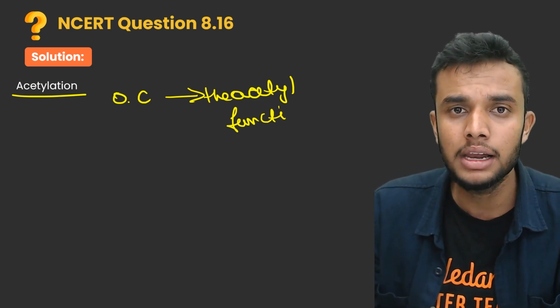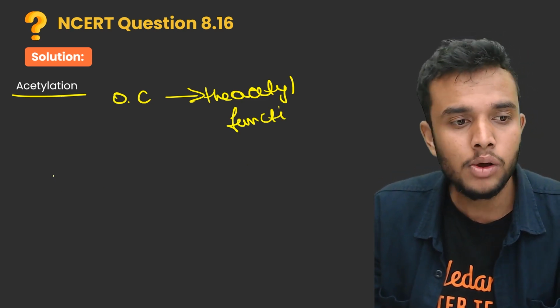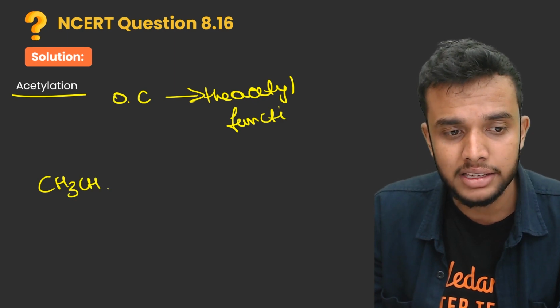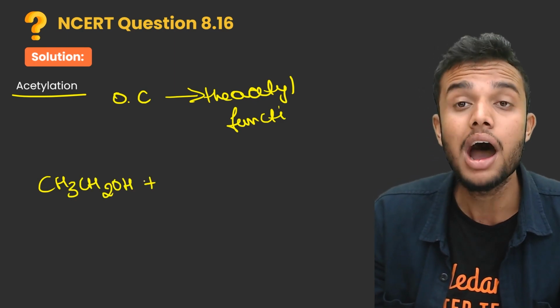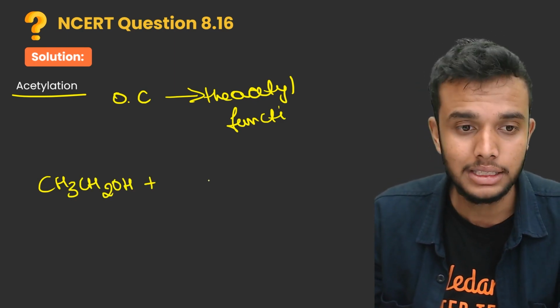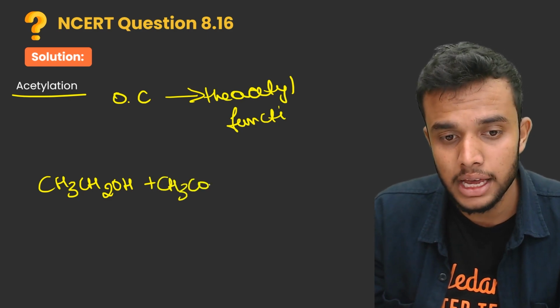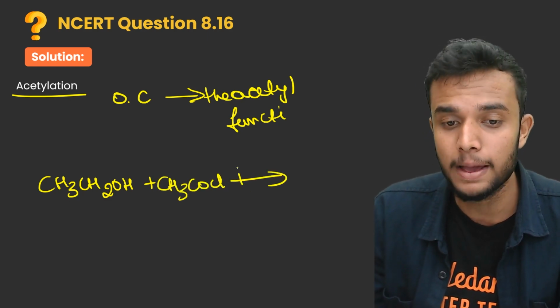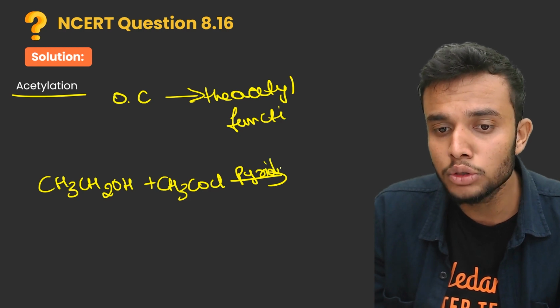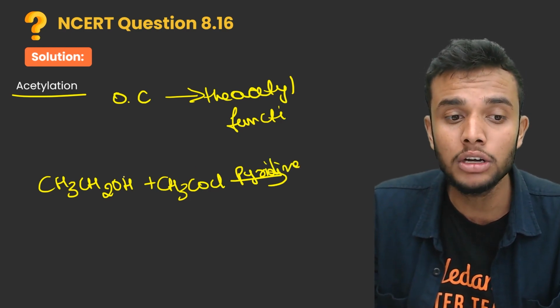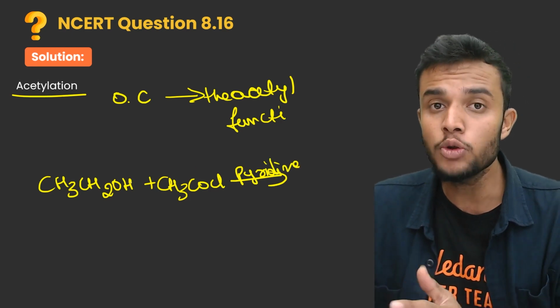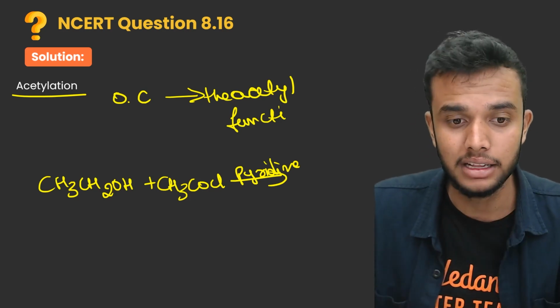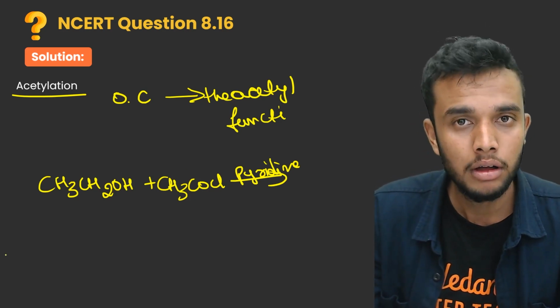For example, alcohol is reacted with acetyl chloride, CH3COCl, in the presence of a base like pyridine. Why do we use pyridine as a base, students? Because in the place of H, we need to introduce the acetyl group, right? Acetyl is nothing but the CH3CO group.